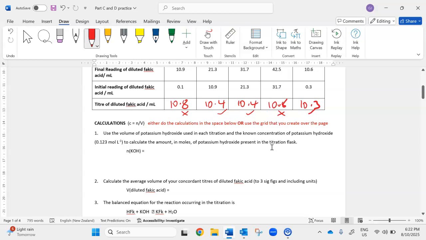Use the volume of potassium hydroxide used in each titration and known concentration of potassium hydroxide, 0.123 moles per litre, to calculate the amount in moles of potassium hydroxide in the titration flask.